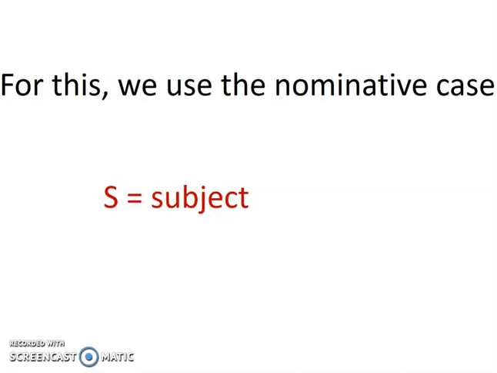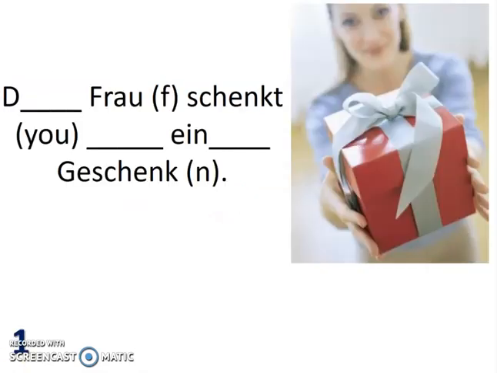Now we're going to take a look at some sentences and look at the context and determine what is the subject, direct object, and indirect object. As we take a look at this first picture, we see that there is a woman, and she is handing me, or you, a gift. So we look at the sentence that we have there, and I'm going to highlight one thing in that sentence.